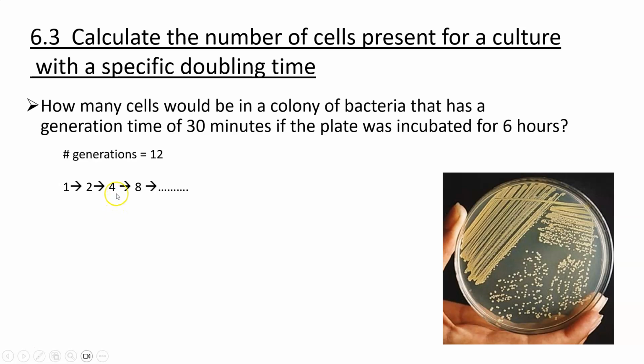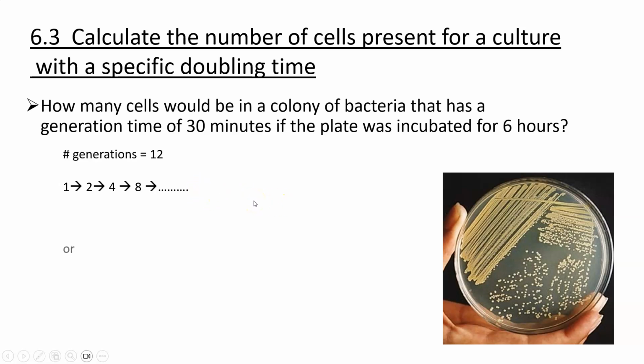After 2 generations, I'll have 4. After 3 generations, I'll have 8, and on and on. We could keep going: 8, 16, 32, 64, 128, and you'd be able to figure this out. But it's easy to make a mistake.